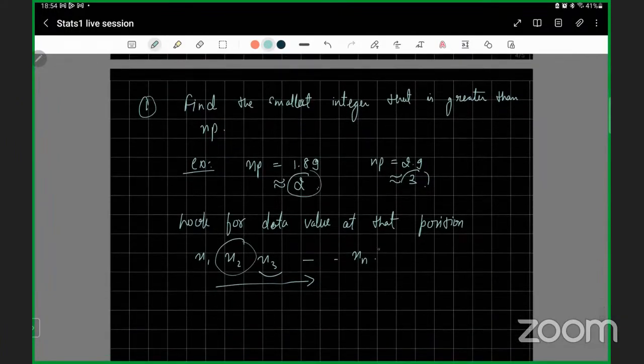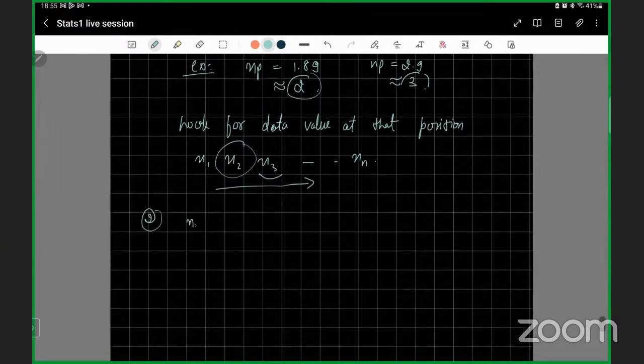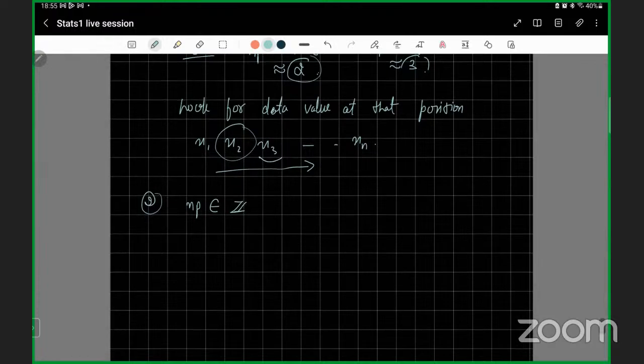Now the second case is when NP belongs to Z, that is, when NP is an integer. In that case, you take the average. Let's say NP comes out to be 2.